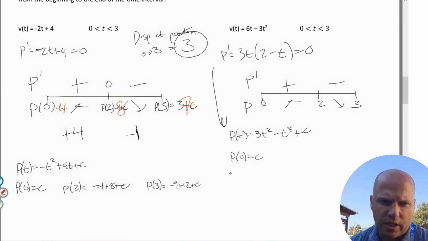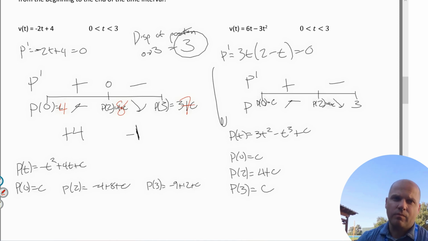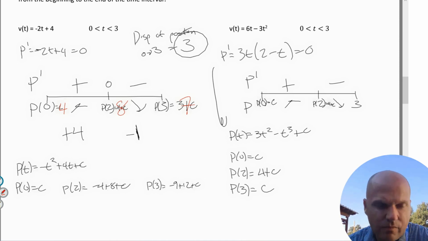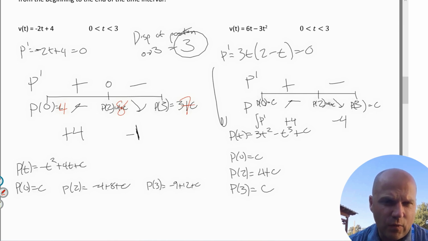If I plug in 0, I get C. If I plug in 2, I get 12 minus 8 plus C, which is 4 plus C. If I plug in 3, I get 27 minus 12, I get C again. So a very good question, because I start at, I guess this is very similar to what I had, C. I get to 4 plus C, but then I end at C.